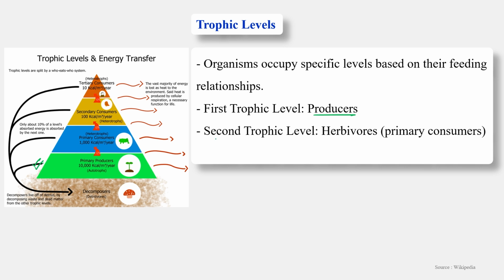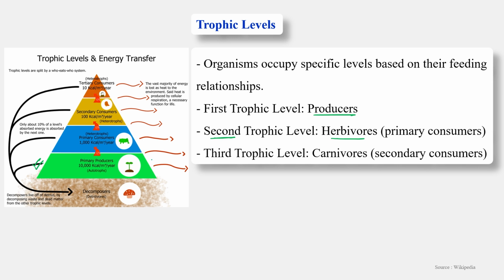Second trophic level, all kinds of herbivores are there, which are also known as primary consumers. Okay, third trophic level, carnivores, which utilize primary consumers as food. So from one level to another, primary producer to primary consumer to secondary consumer, secondary to tertiary.